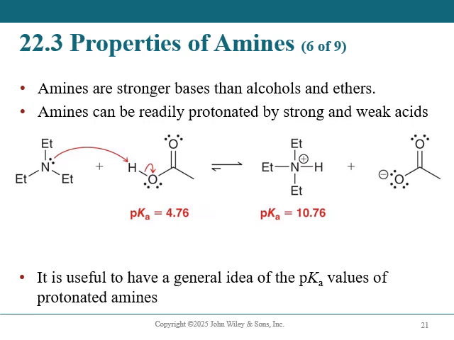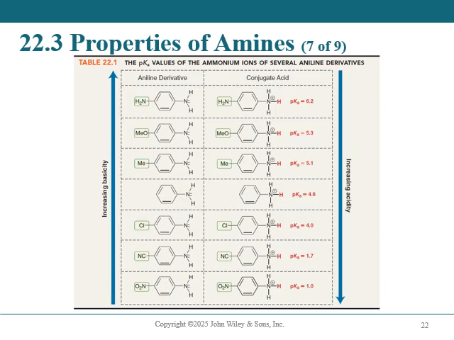Amines are stronger bases than their alcohol or ether counterparts. They can also be readily protonated by strong and weak acids, mostly due to their lone pair, their ability to interact with other groups that way. It is useful to have a general idea of the pKa values of protonated amines. So let's take a look at those. We have, for example, a couple of aniline derivatives with their conjugate acids and their pKa values.